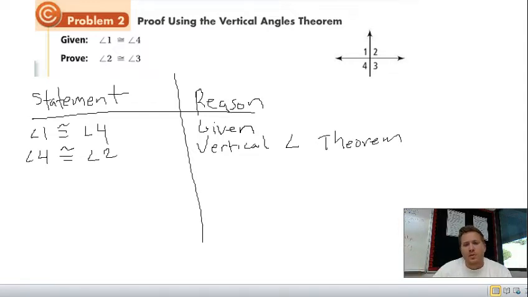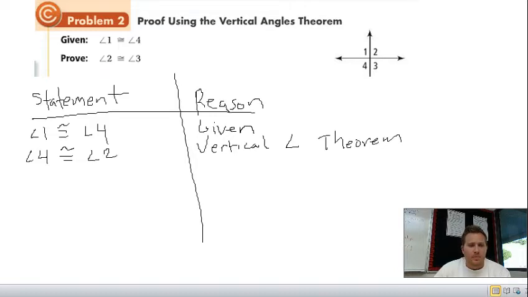Okay, so we got angle 1 and 4 are the same, and now we just said 4 and 2 are the same. So you see how these are congruent. Because these two are congruent, we can now say these are congruent through our transitive properties. So we've got to know all our properties. These both share angle 4, so angle 1 and 2 are now congruent.